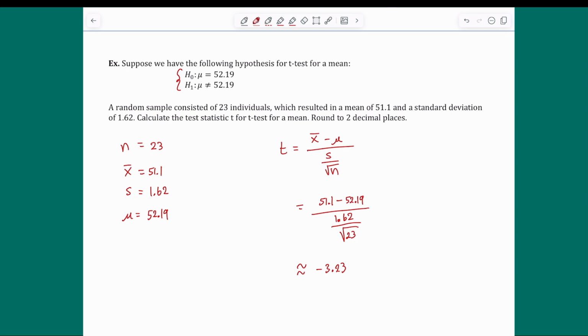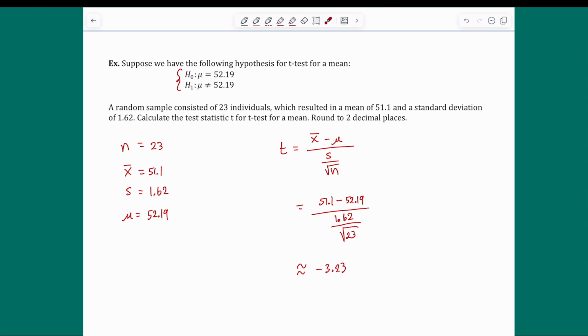So in this case, our observation of 51.1 is about negative 3.23 standard deviations below the expected value, the mean of 52.19, assuming that the null hypothesis is true. When we calculate a p-value, we want to know how extreme that number is, assuming the null hypothesis is true.